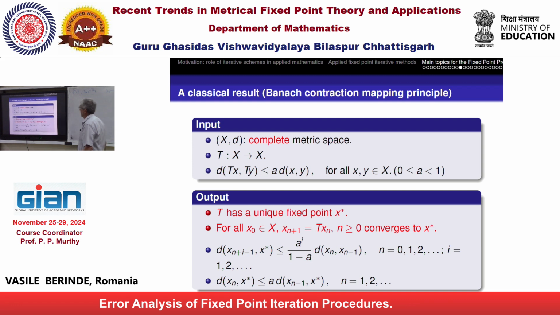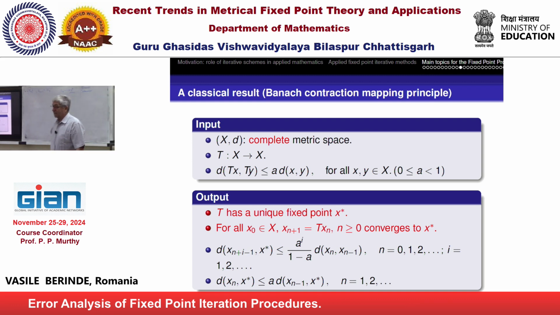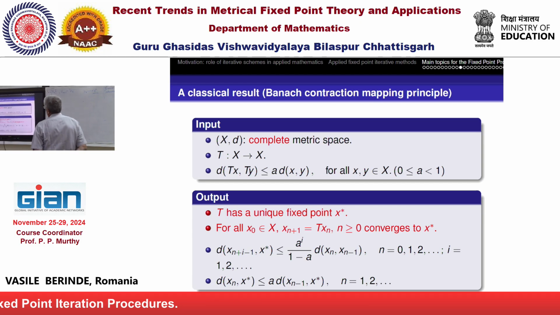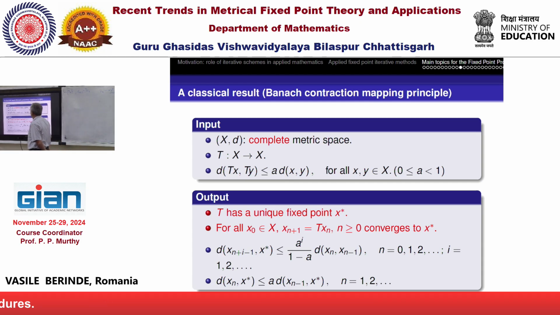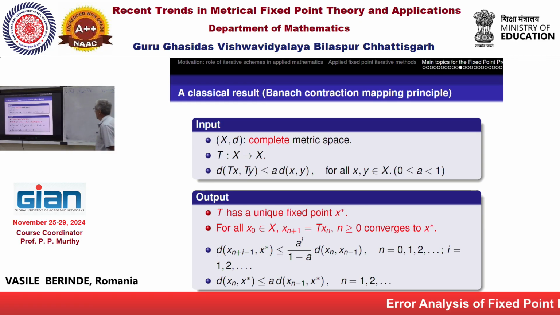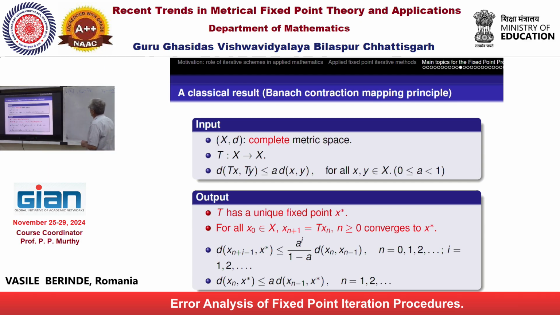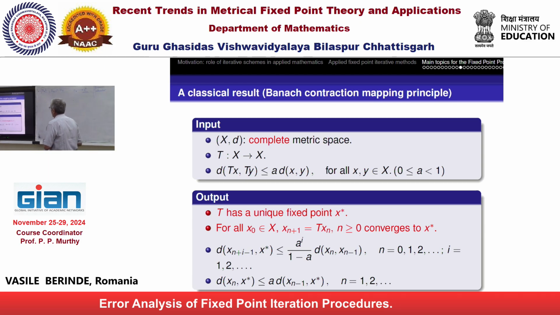So all items in the output are present here. T has a unique fixed point. We have an iterative scheme, the Picard iteration, which converges to this unique point, and we have this rate of convergence I mentioned before when I presented Banach contraction theorem.